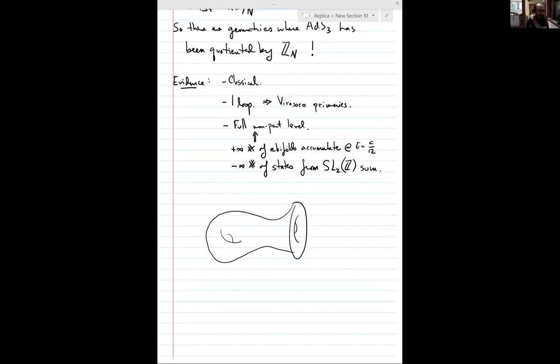Nobody really knows how exactly to define the path integral of pure gravity. The assumption that we made here, which is an assumption, is that the only contributions either come from solutions or from geometries that are continuously connected to solutions.